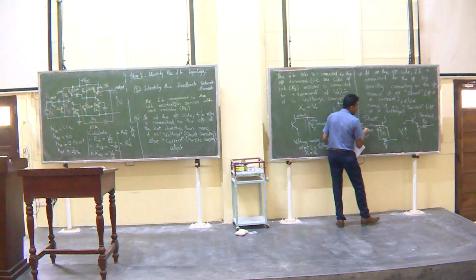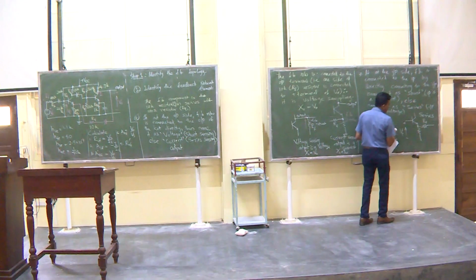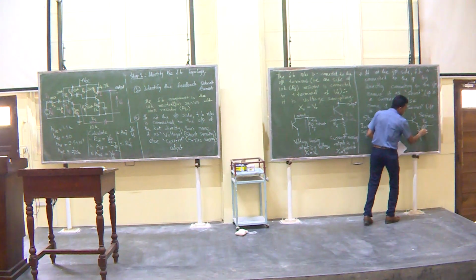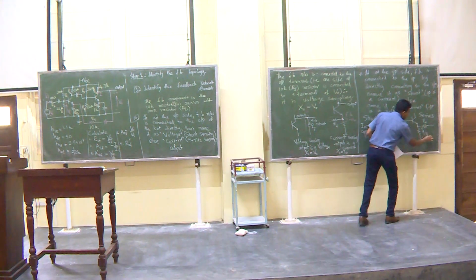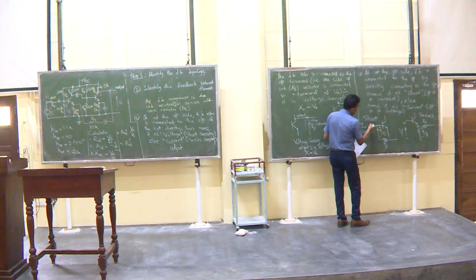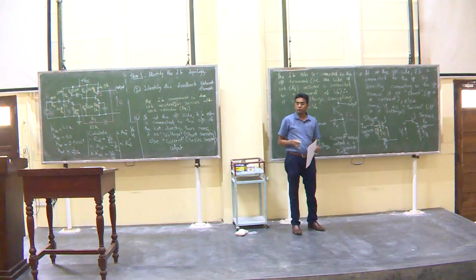In this case we add the two voltages. So, this is the V in and this will be my V f, right. This is I in and this is my I f. Okay.